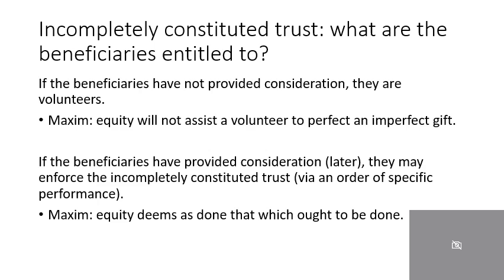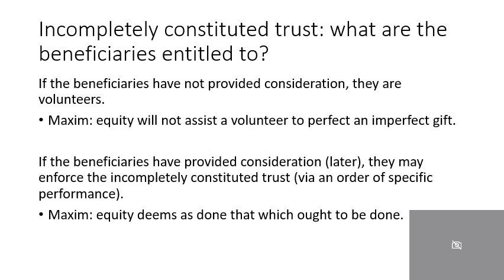So let's set an example to this. Let's say the settlor had entered into a covenant with certain trustees. He and some trustees signed a deed, let's say, where the settlor says, I promise to transfer my house on trusts for the trustees to hold for A, B, and C. A, B, and C being the beneficiaries.